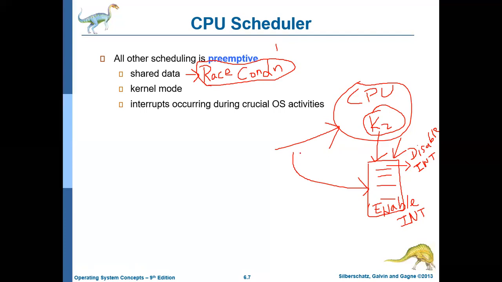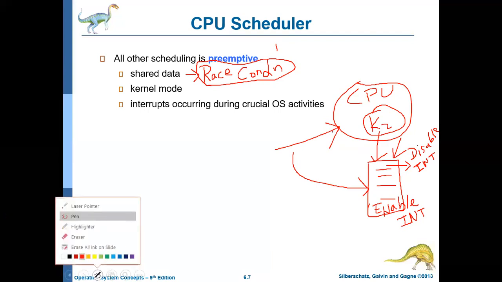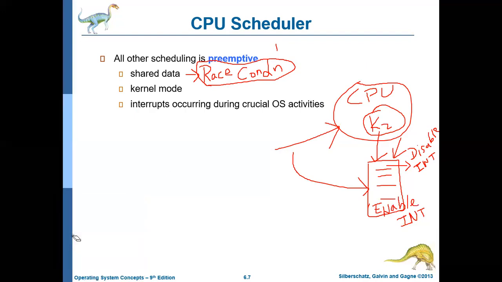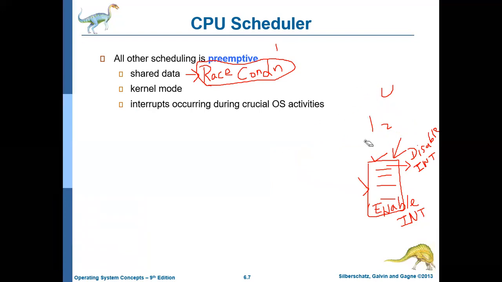So these are the typical three problems which can occur with preemptive scheduling. The first is the race condition. The second is when the operating system is running some kernel process, and during that time a context switch is done, which may lead to chaos.